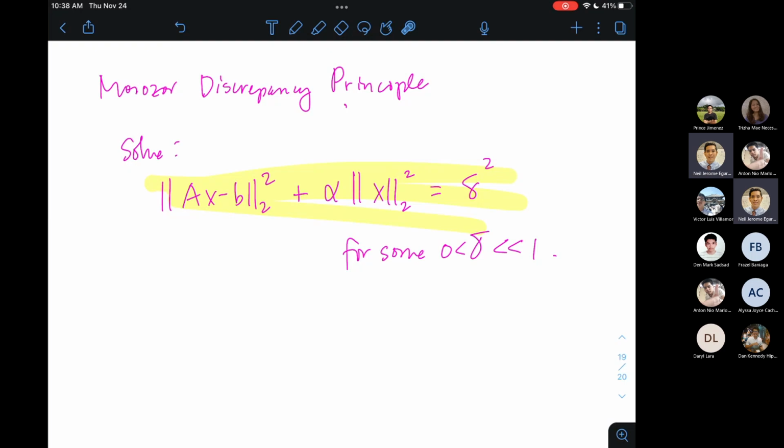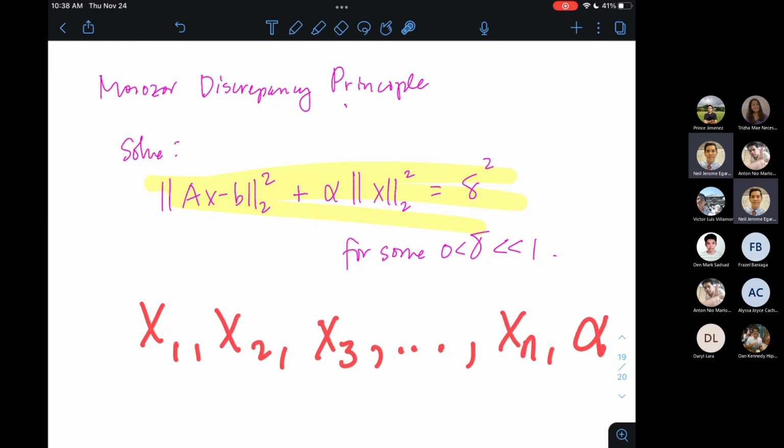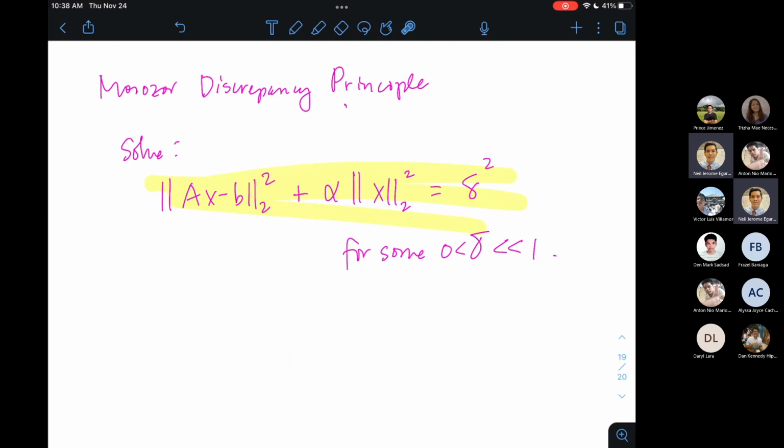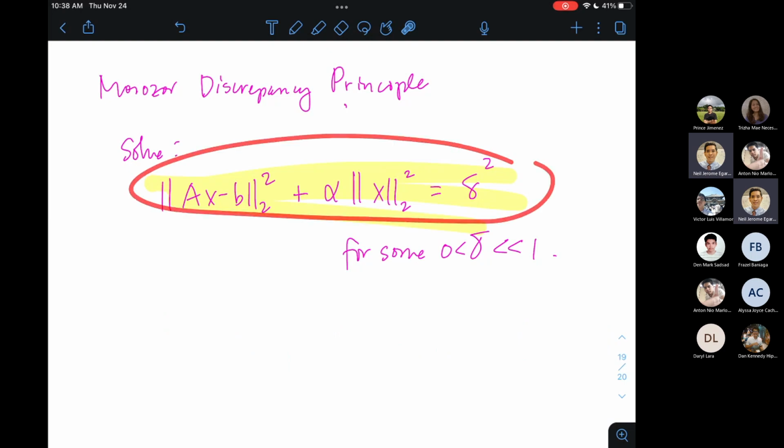Kasi ang variables natin dito ay x sub i's at saka alpha. So ang mga unknowns natin dito ay x1, x2, x3 hanggang ano nga size ni x? M by n. So it's n by 1, hanggang x sub n, comma alpha. So we have n plus 1 unknowns for this nonlinear equation.